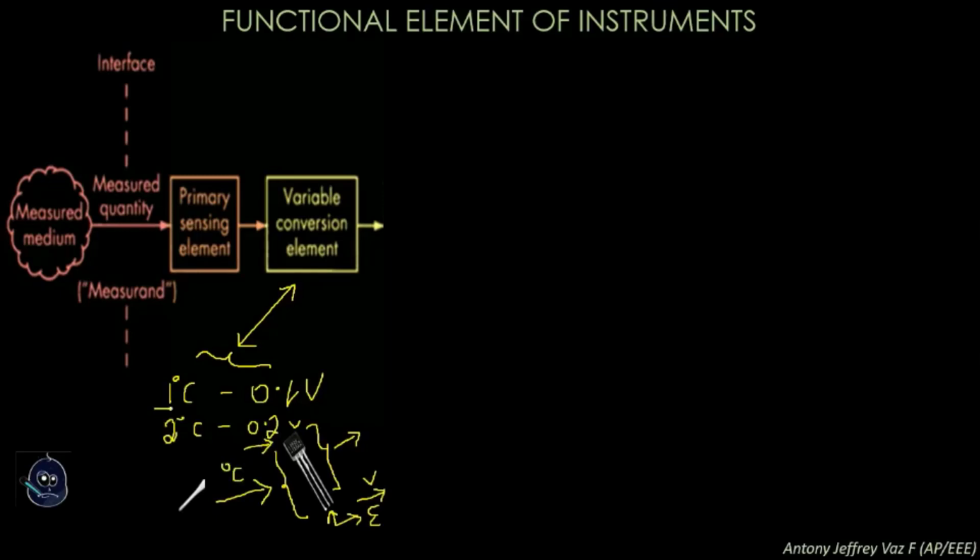So 1 degree centigrade of temperature measured by this thermometer will give you an output voltage of 0.1 volt as electrical. So this is the variable conversion element.